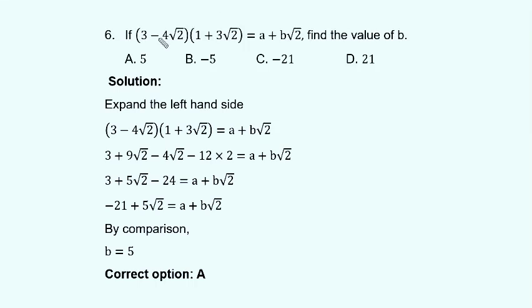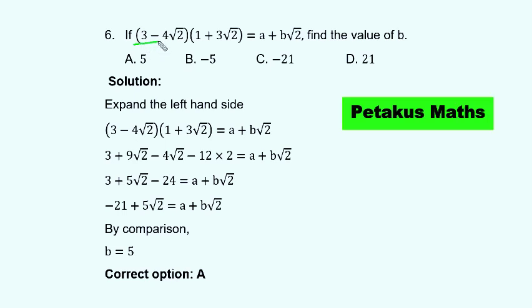Question 6. If (3 minus 4 root 2)(1 plus 3 root 2) is equal to a plus b root 2, find the value of b.